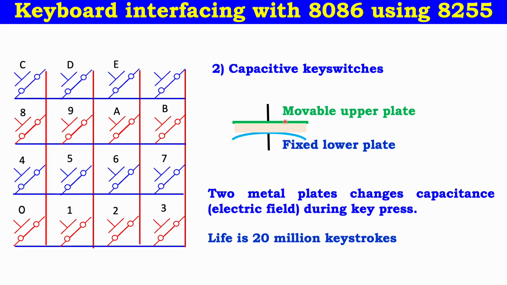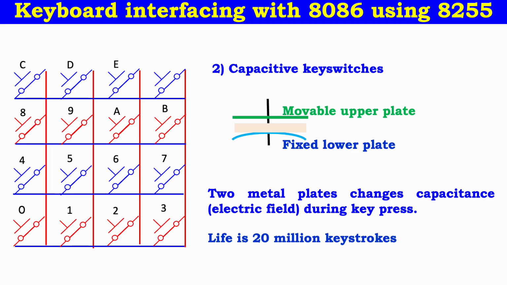When a key is pressed, the movable plate moves, which we can observe in the animation for better understanding. This movable upper plate changes the capacitance because of the electric field created between the two ionized plates. Like this, the key press operation takes place in capacitive key switches.